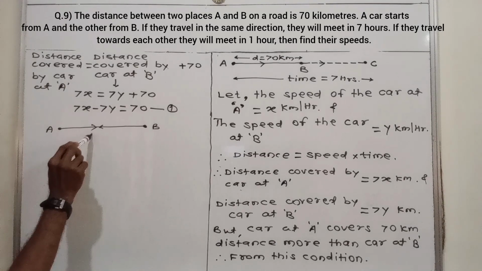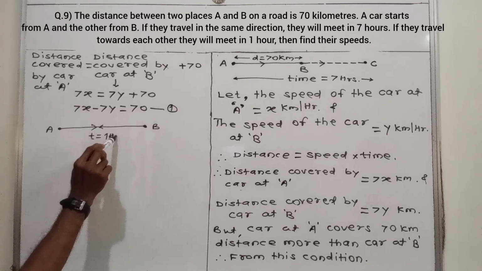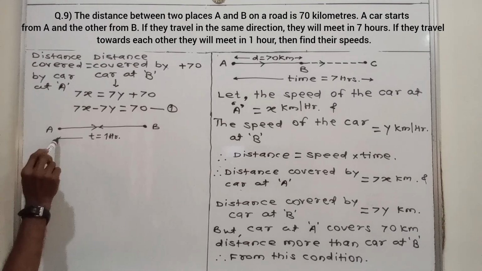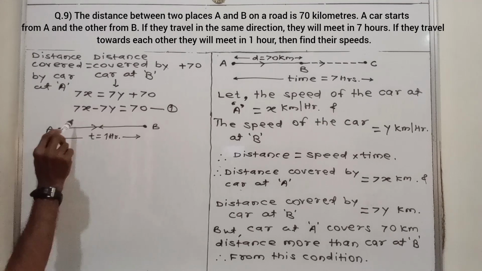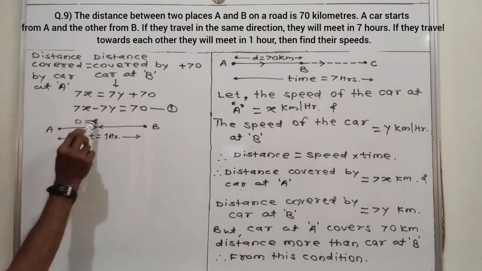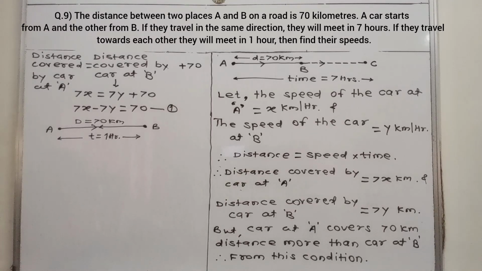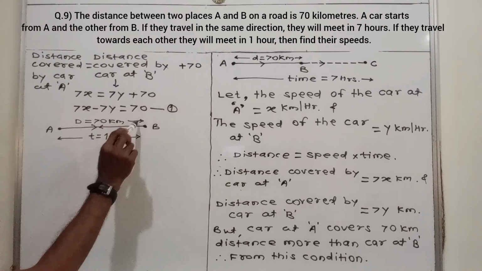They meet each other after 1 hour. This is time and this is distance, 70 kilometer. Did you get it?